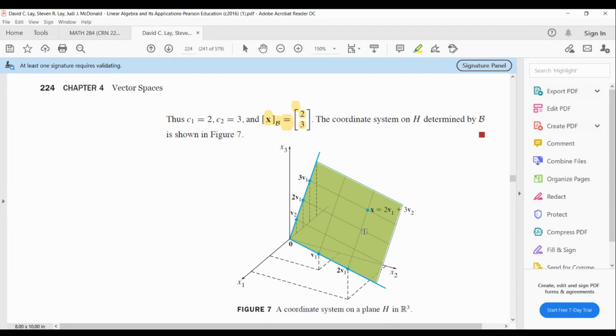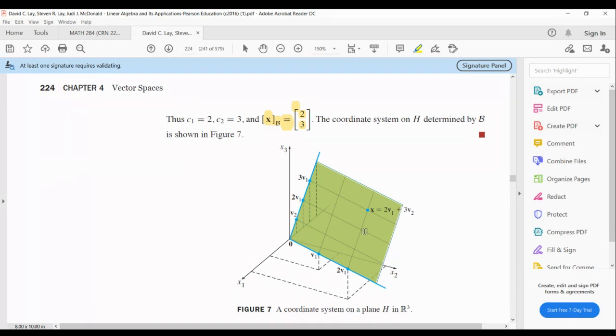But it's isomorphic to a vector with two coordinates. See? It's isomorphic to a vector with two coordinates. So you have a one-to-one onto mapping for vectors in R3 into vectors in R2.